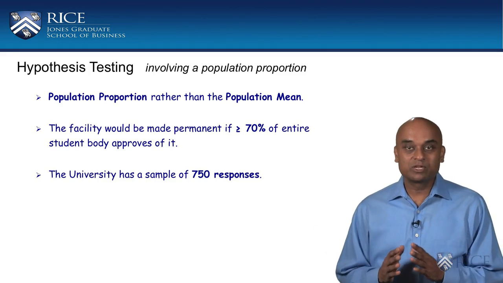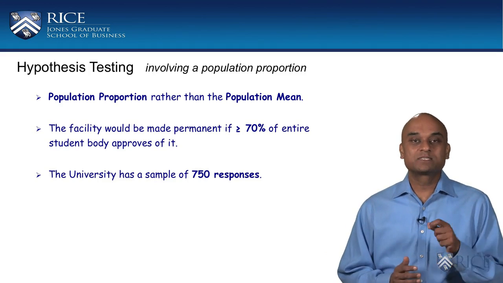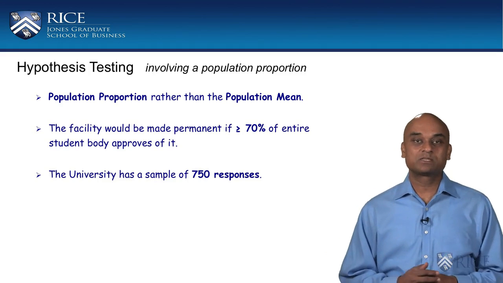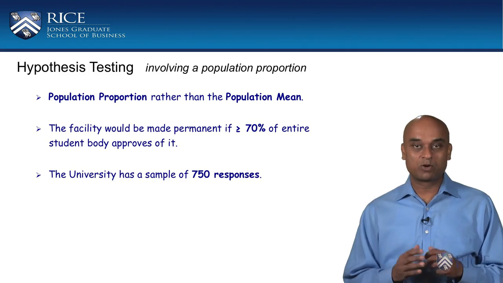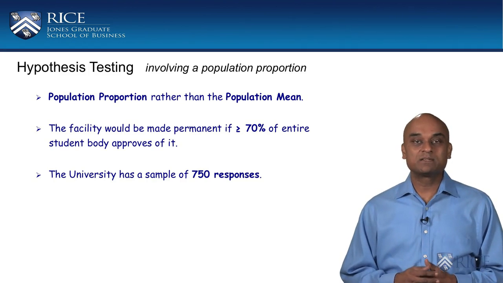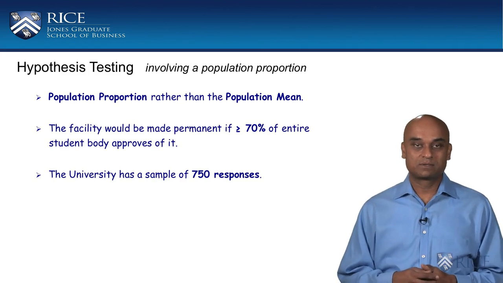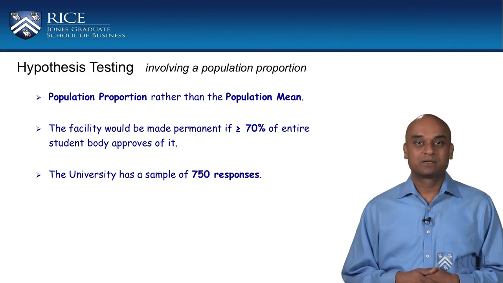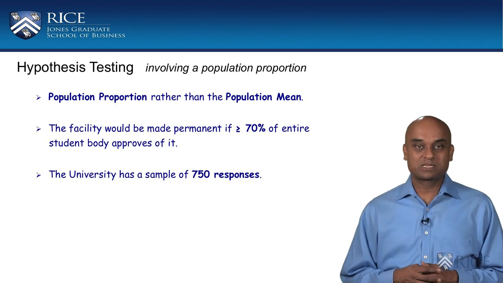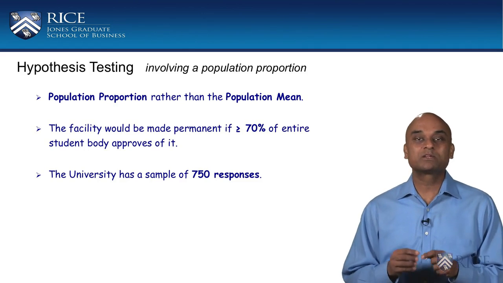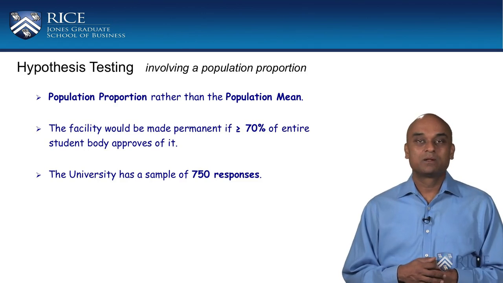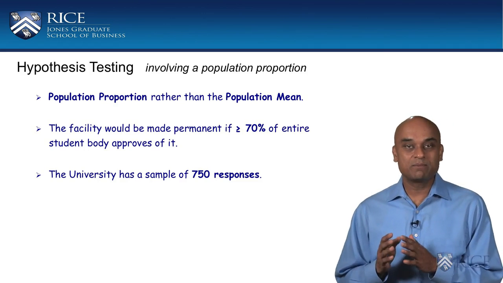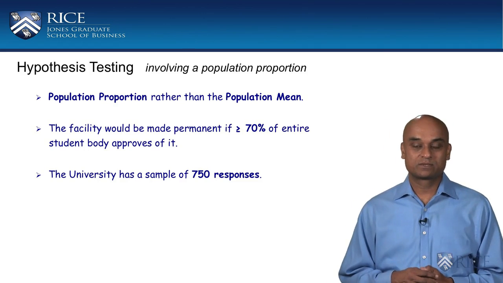However, the university only has a sample of 750 responses from this population of student body, and it needs to make a decision based on this sample. This situation is apt for a hypothesis test. However, the hypothesis test here would be for a population proportion. The 4-step procedure remains the same with a few modifications.